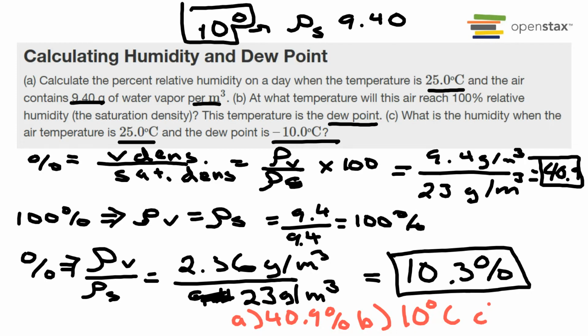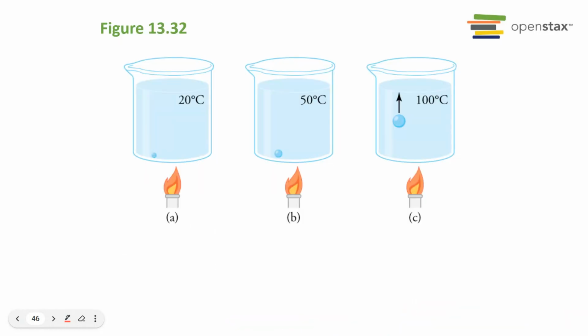And then for part C, based on the dew point at -10, I've got 10.3%. Okay? I'll leave that up there so you can kind of digest it. All right, let's move on to the next slide.